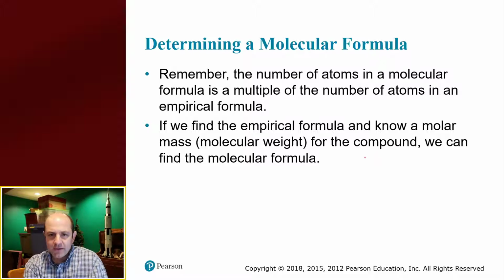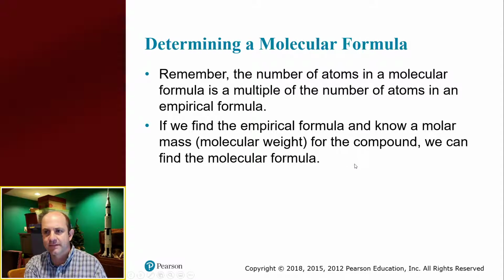All right, for molecular formula, where we're saying what is the actual formula, what we need to know then is not just what the ratio is, which is the empirical formula, we also need to know the molar mass or molecular weight of the compound and see how it compares. So we could say, well, if the number's the same, well, the formula must be the same.